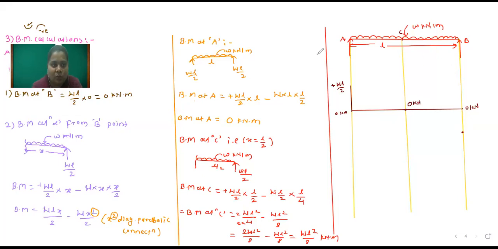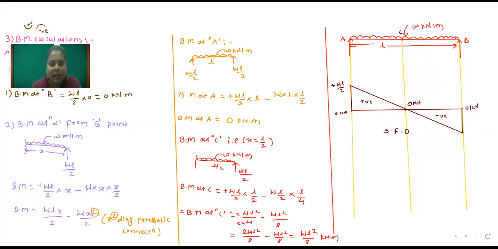Now we will connect the figure. From this point 0, it goes downward in negative, and then here 0. So this is our shear force diagram. This diagram is positive and this is negative.